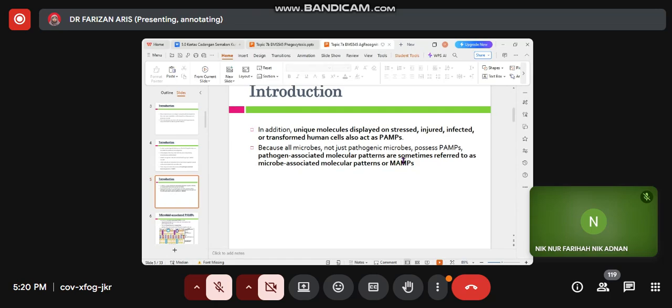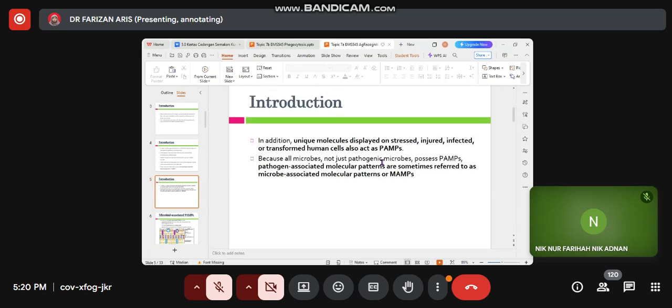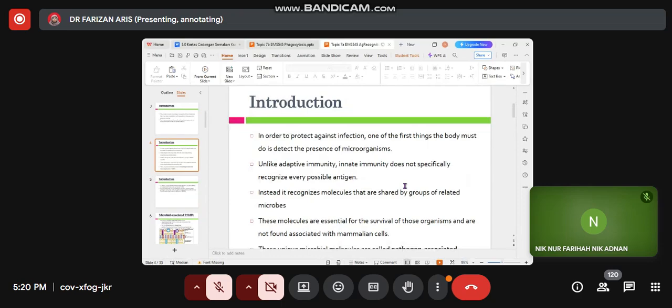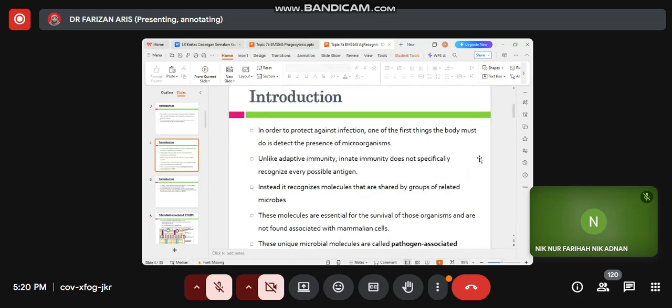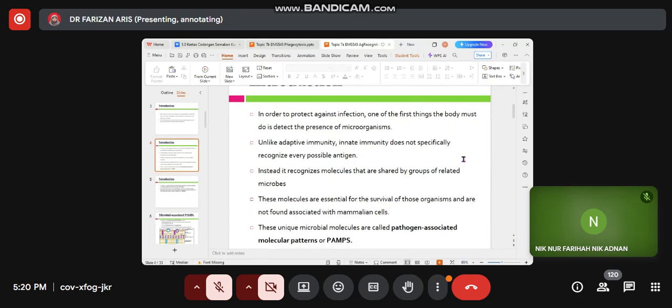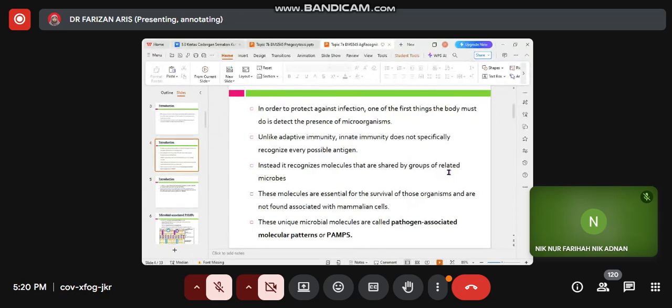We know that the antigen, besides the foreign materials, may also involve a unique molecule that is transformed in our body tissues. The antigen that belongs to the microbials could become any part of an antigen.